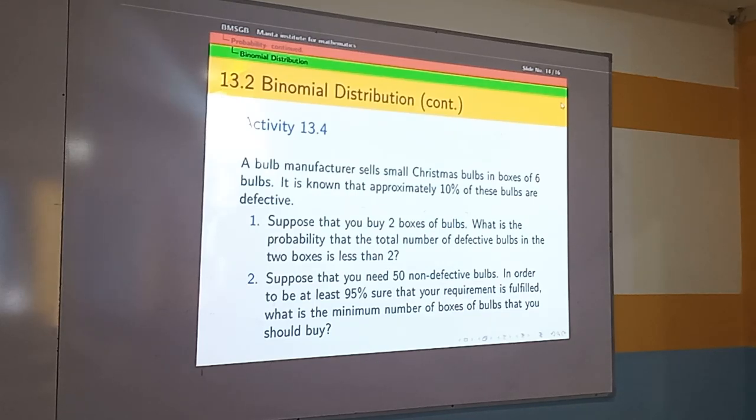It is known that approximately 10% of these bulbs are defective. Suppose that you buy 2 boxes of bulbs. What is the probability that the total number of defective bulbs in the 2 boxes is less than 2?